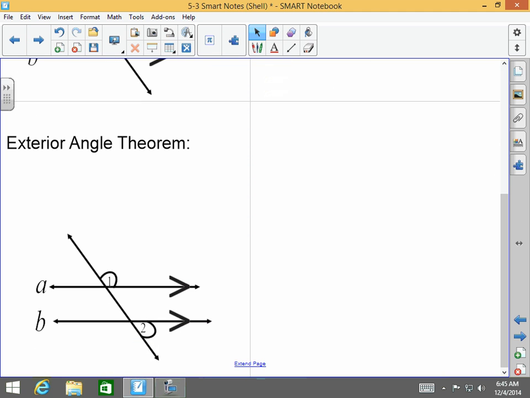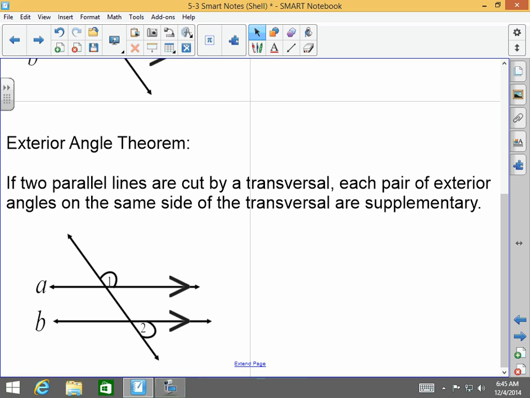Related to that is the exterior angle theorem. The exterior angle theorem states that if two parallel lines are cut by a transversal, each pair of exterior angles on the same side of the transversal are supplementary. Please be careful, this is not corresponding. If you notice, this is top side, this is underbelly. So they're not congruent.